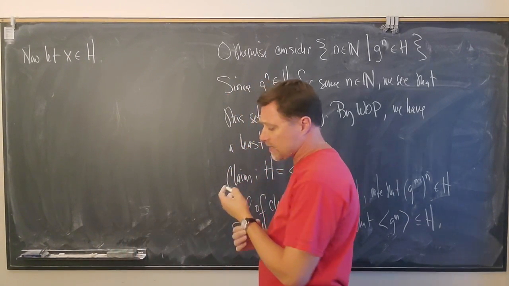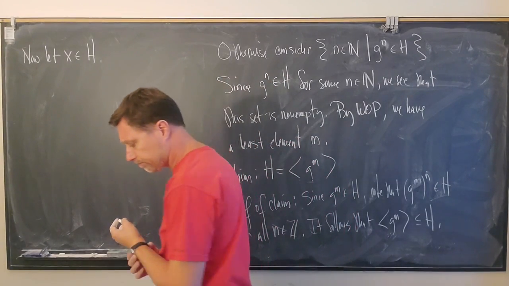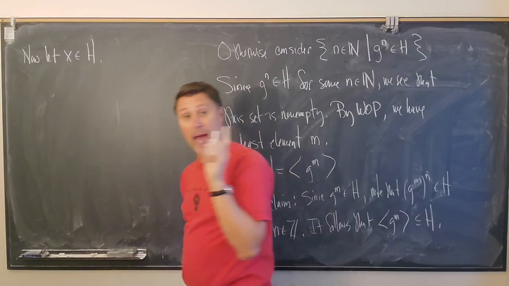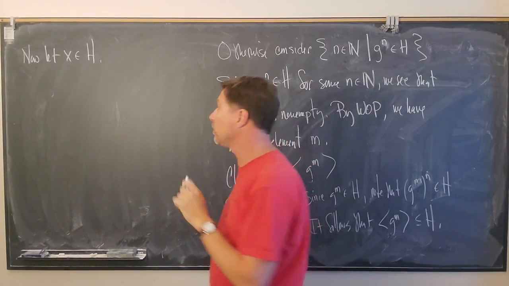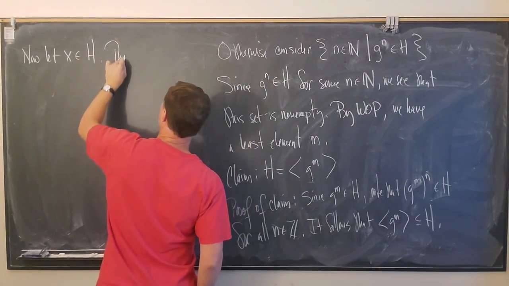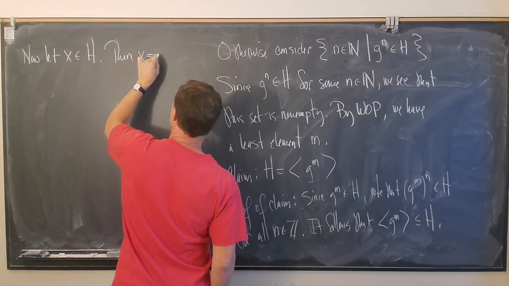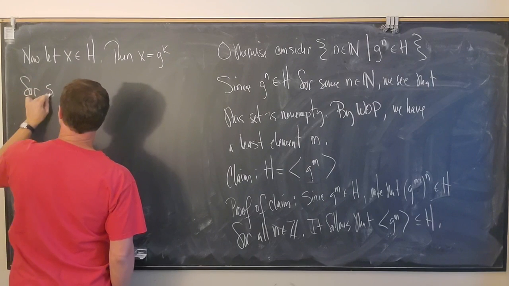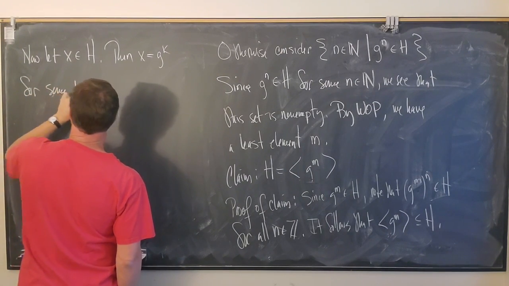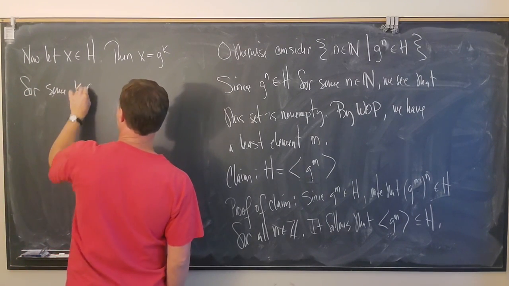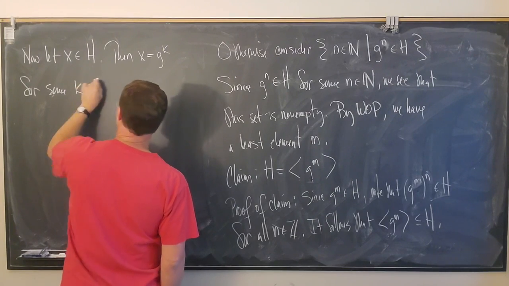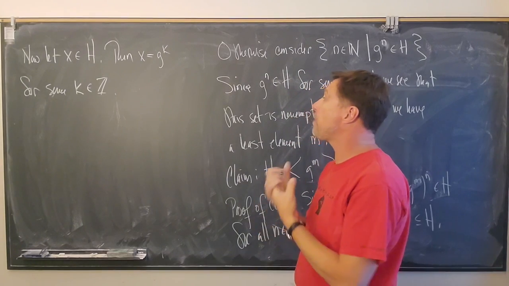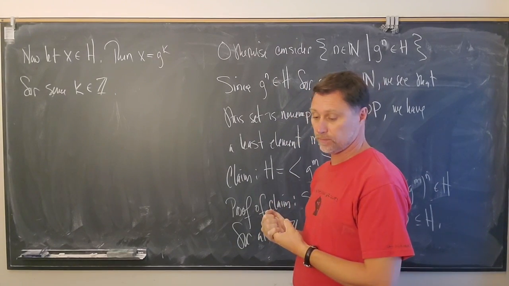Okay, now what does x have to look like? Well, x is an element of capital G, which means it's a power of little g. So then x equals g to the k for some k, officially in the integers. x is some power of little g.